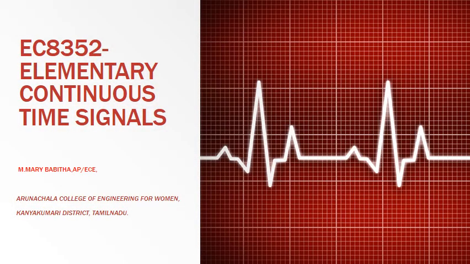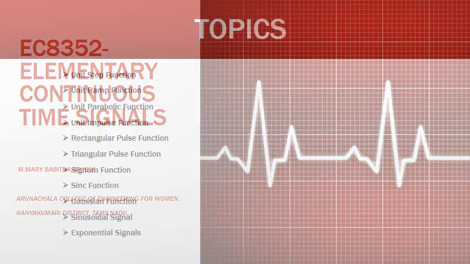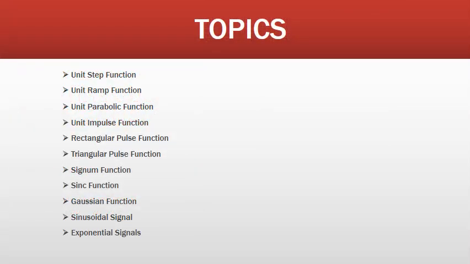Hello everyone. In this video, we are going to discuss some standard continuous time signals that are used as input in systems. This video covers the signals step, ramp, parabolic, impulse, rectangular pulse, triangular pulse, signum function, sinc function, and Gaussian function.